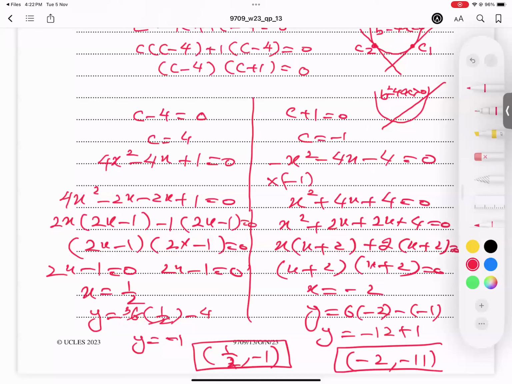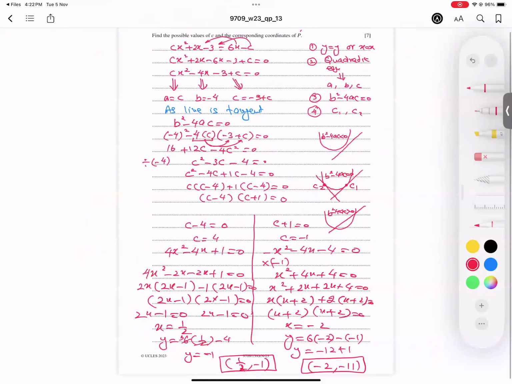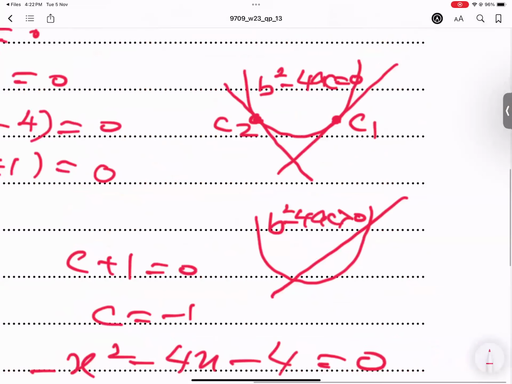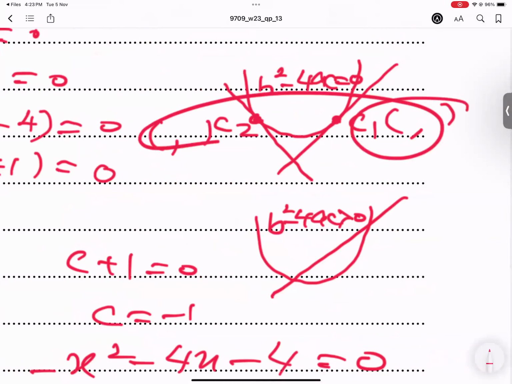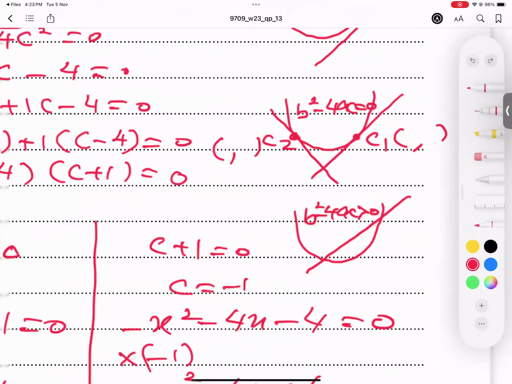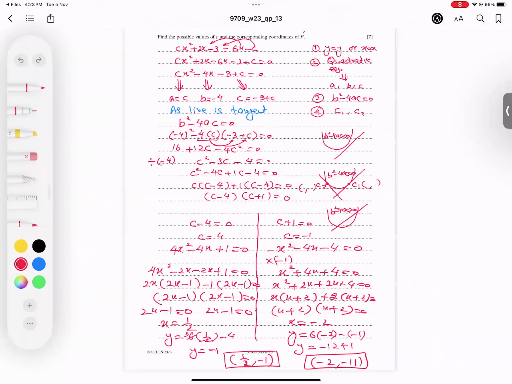Let me recheck once again. Wait a minute. Negative 12 and plus 1, I got it. Yes, I think so. The point is very clear. It means the coordinates of C1 and C2, I got very easily. Alhamdulillah Rabbil Alameen. And the question is completely over.